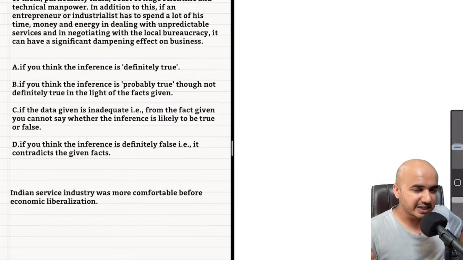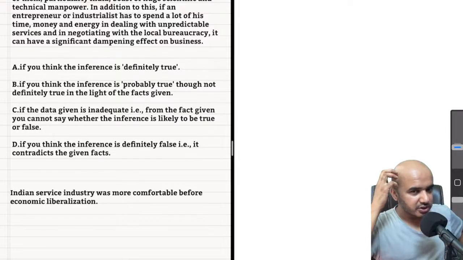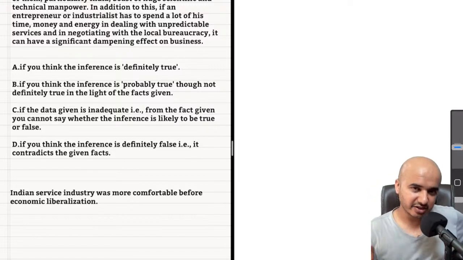The service sector here in India suffered because they had to now compete with someone who had more facilities and who is obviously an unequal competitor. So we can at least say to some extent, because of the entry of foreign companies that happened because of economic liberalization, of course, it has put some pressure on Indian industry.